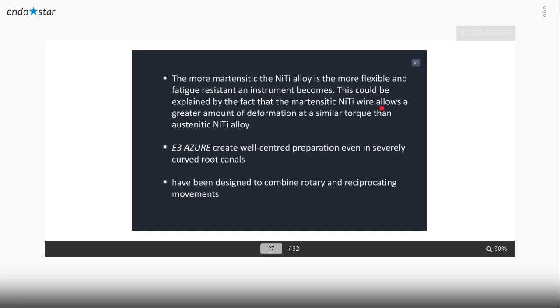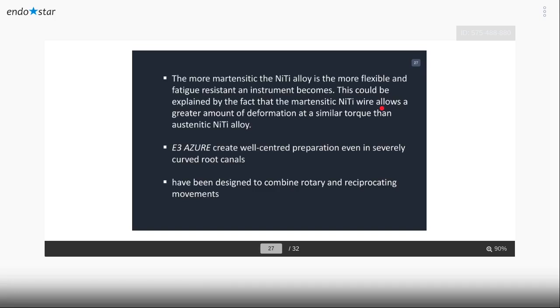You cannot go with size number 30 or 35 in an S-shaped canal with a wire that has more austenitic phase than martensitic. Even the other brands and companies that combine austenitic matrix, R phase and martensitic matrix, they are good files, but still cannot undergo all circumstances.